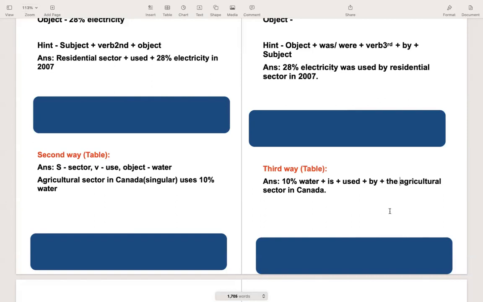Sorry, 10% of water is used by the agriculture sector in Canada. My question is about putting the before agriculture. Is it okay?